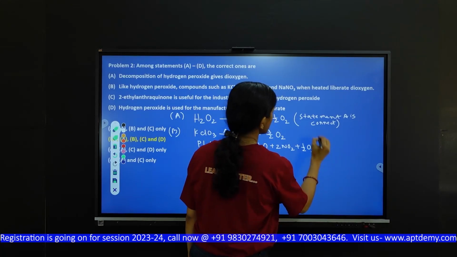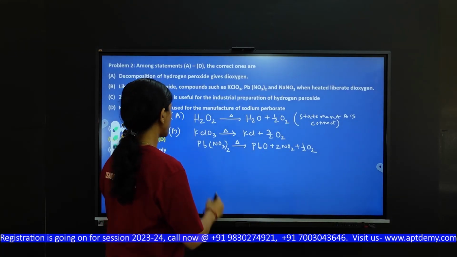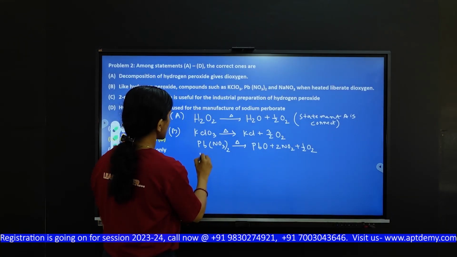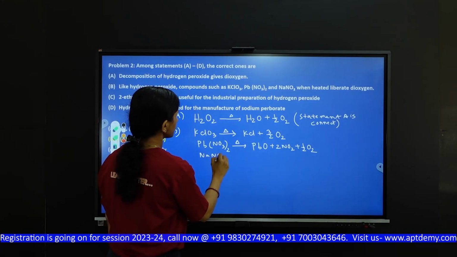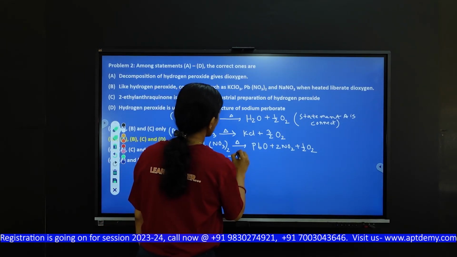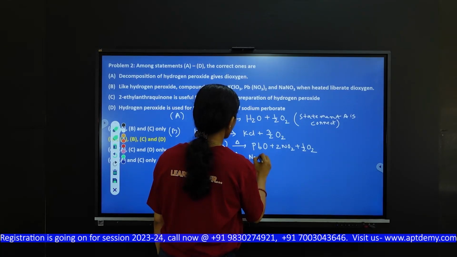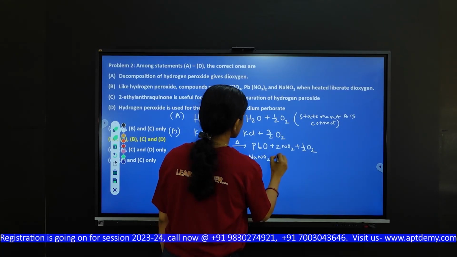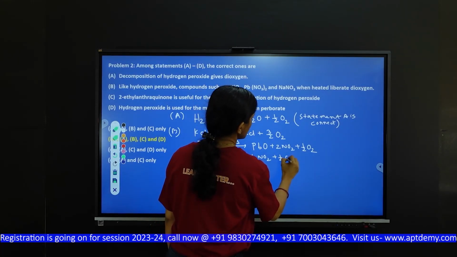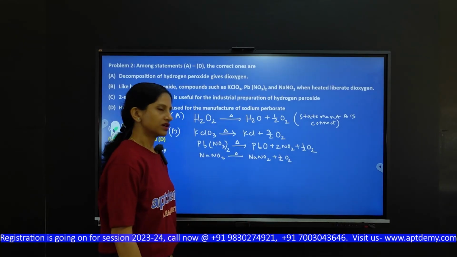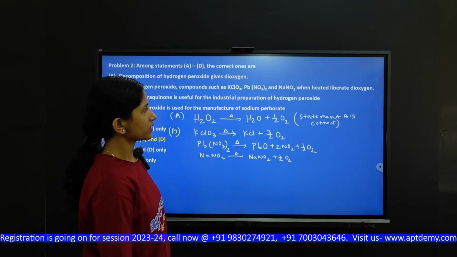It also generates dioxygen as a product. The last one is NaNO3. When it is heated, it will generate NaNO2 plus half O2. So it will also generate dioxygen as a product.